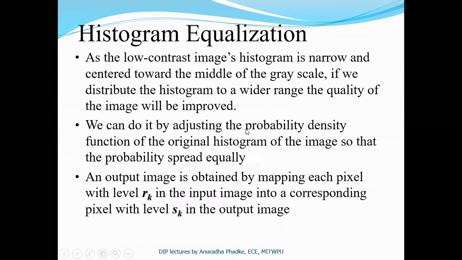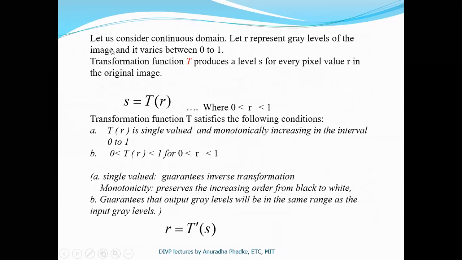We can do it by adjusting the probability density function of the original histogram of the image so that the probability spreads equally. An output image is obtained by mapping each pixel with level r_k in the input image into a corresponding pixel with level s_k in the output image. Let us consider, instead of a discrete signal, that your image intensity values vary over a continuous range between 0 and 1.